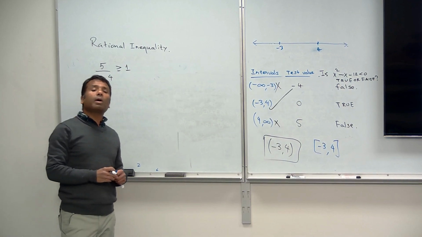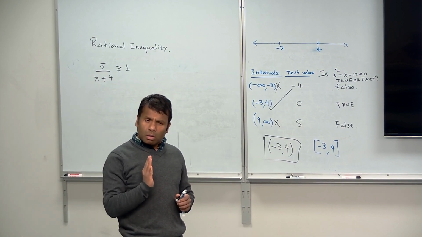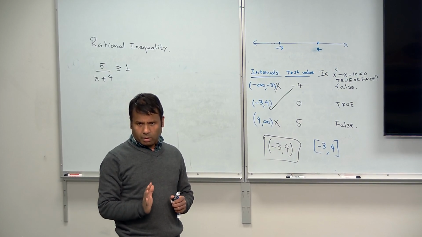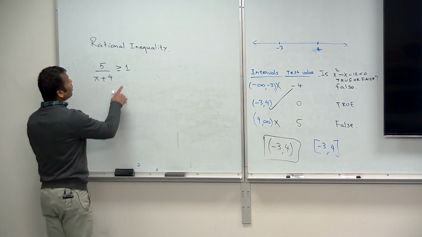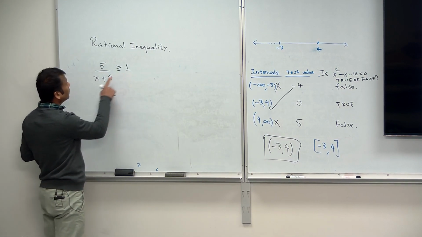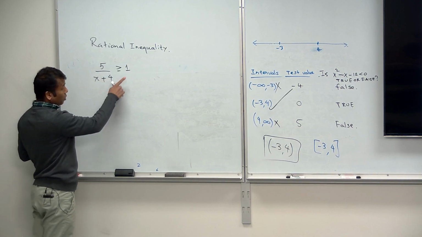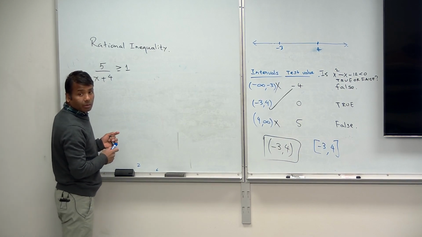And you see the step 1, you make 0 on one side of the inequality. Okay? So you see we have 1 on the right side. We have a rational expression 5 over x plus 4 on the left side. So we want to make the right side 0. So how can you make the right side 0?